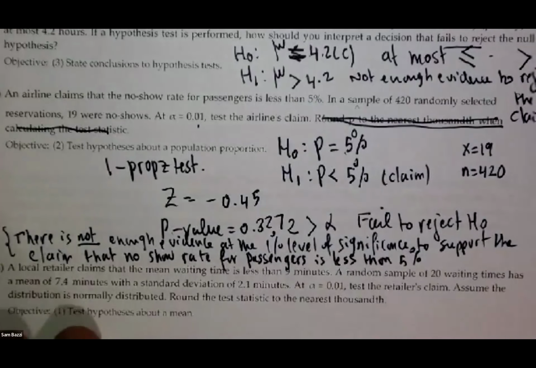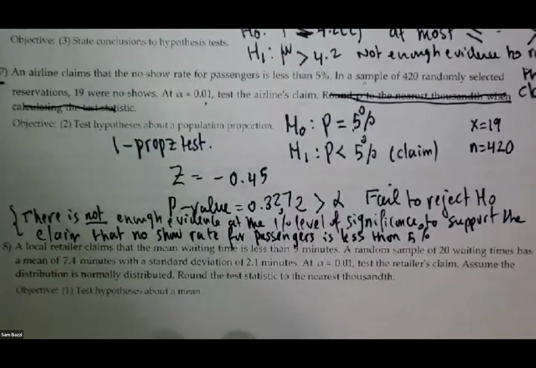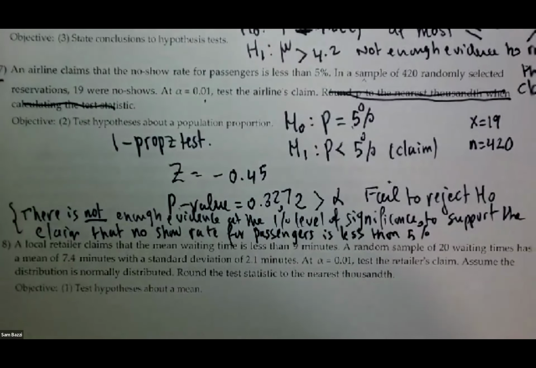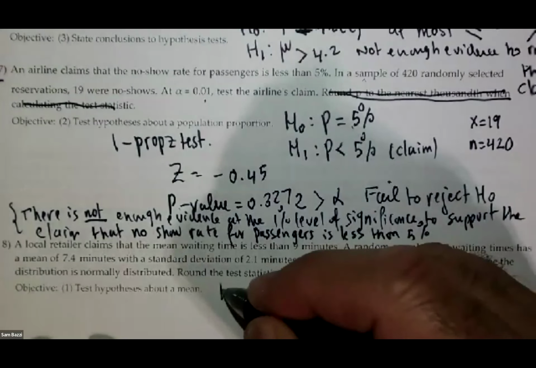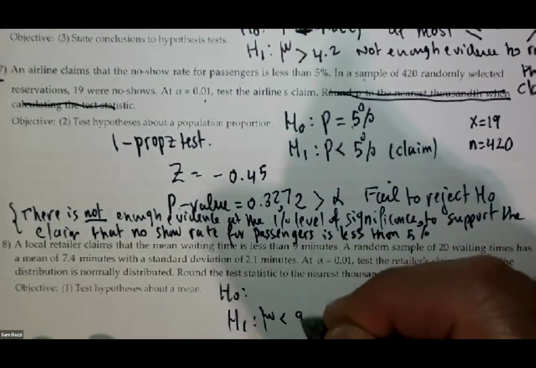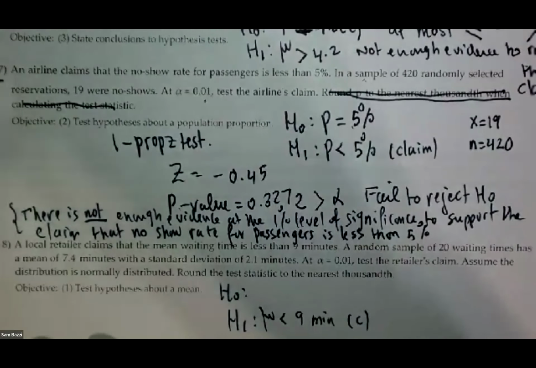Number 8. A local retailer claims that the mean wait time is less than 9 minutes. A random sample of 20 waiting times has a mean of 7.4 minutes. So let's write the null and the alternative, guys. Mean is less than 9 minutes. That's the claim. And the claim, again, turned out to be in H1, guys.